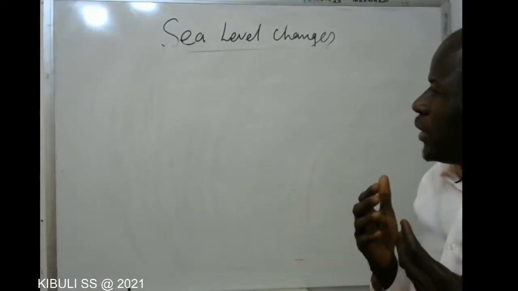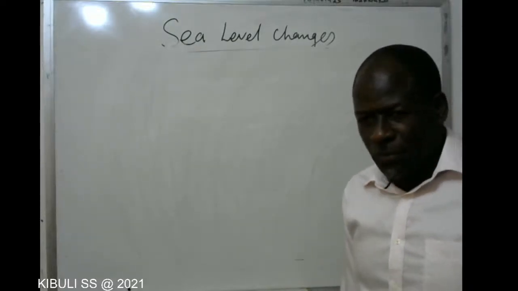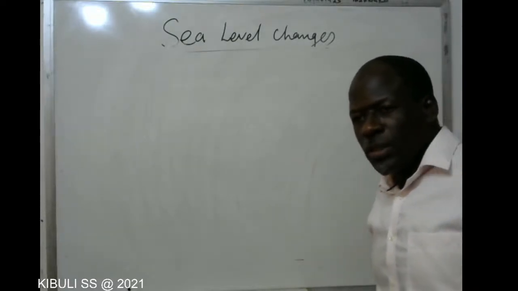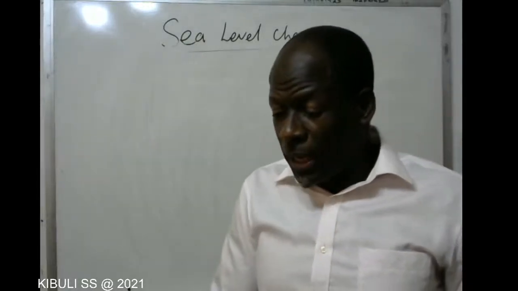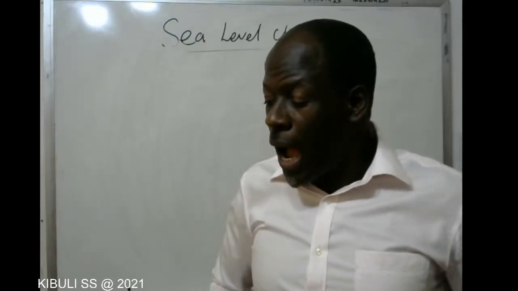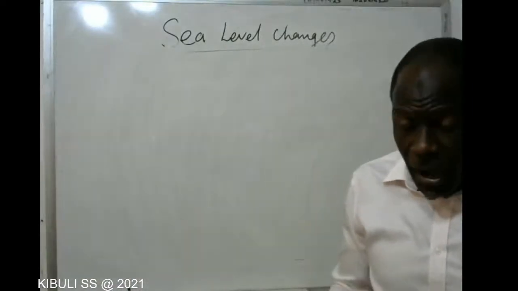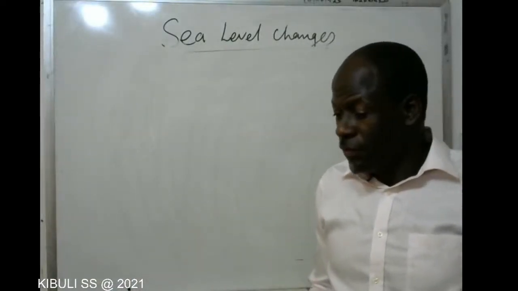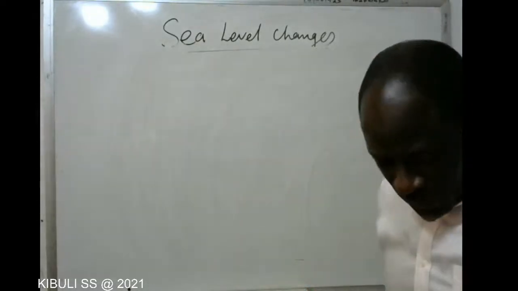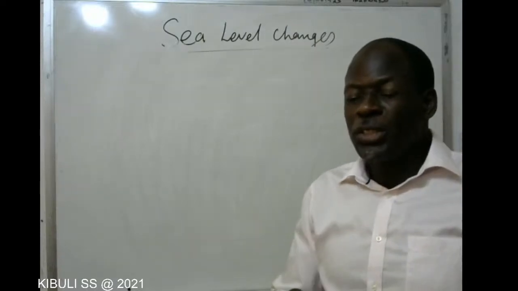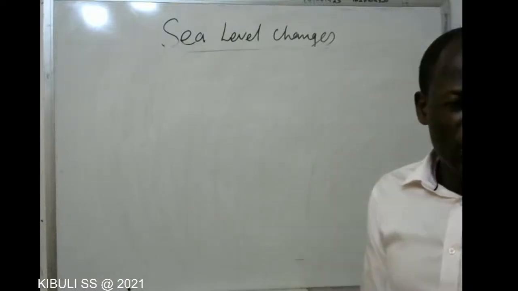Now, just imagine we have those features in contact with water. Now the water level eventually goes down. What happens is that those features that were formerly in contact with water will remain above the water level, and therefore they form features of coastal emergence. So we simply say those features have risen above the water level.